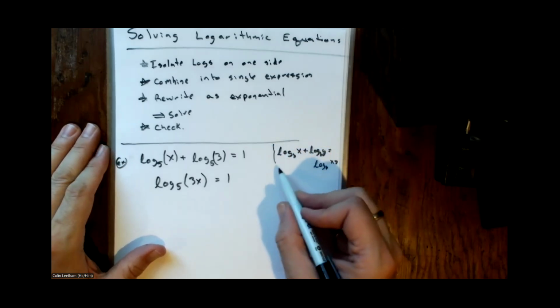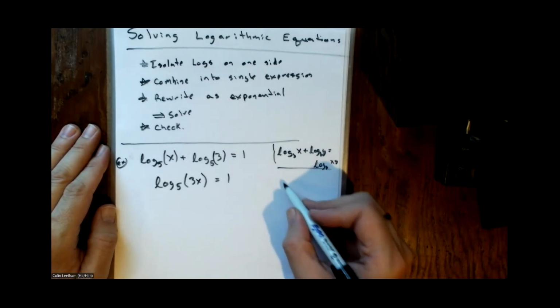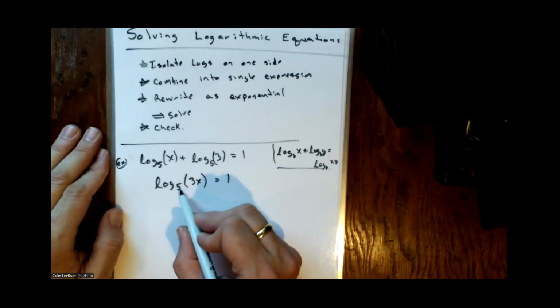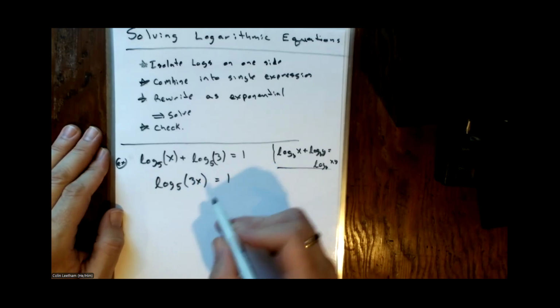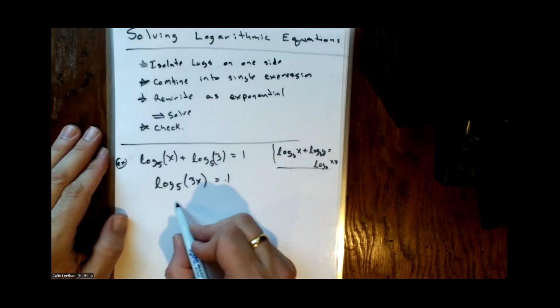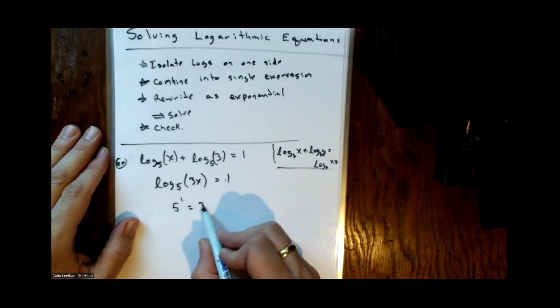Here, this property is more of just the identity. So we're saying that if I've got my base, the answer is my exponent. So here I'm rewriting this: 5 to the first power is equal to 3x.